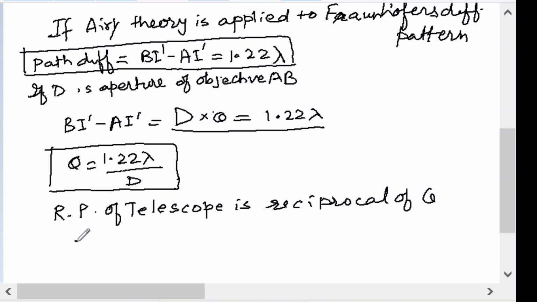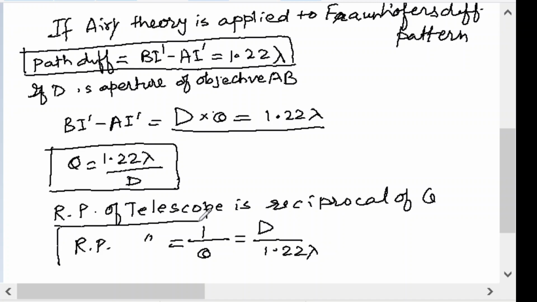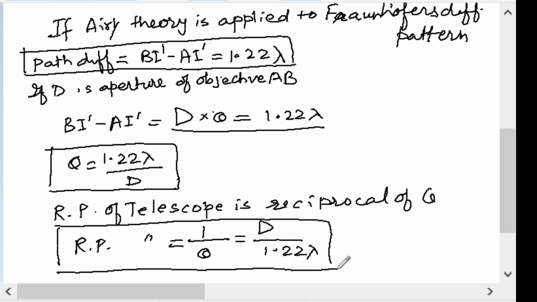So RP of telescope is equals to 1 upon theta, and so this will go upside down, so it will be d upon 1.22 lambda, and in this way we found the resolving power of telescope.